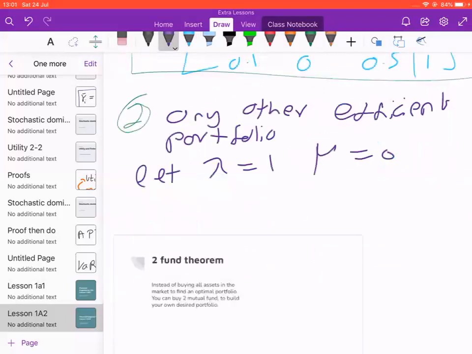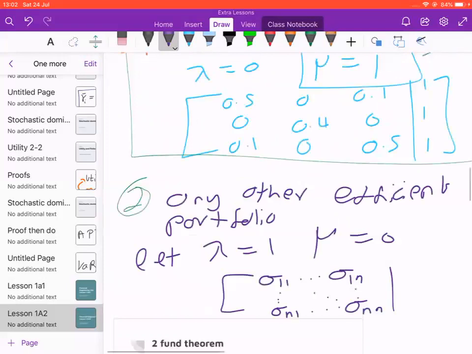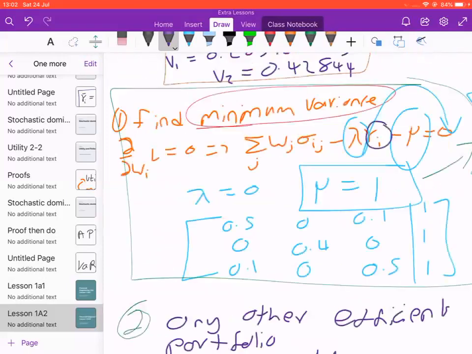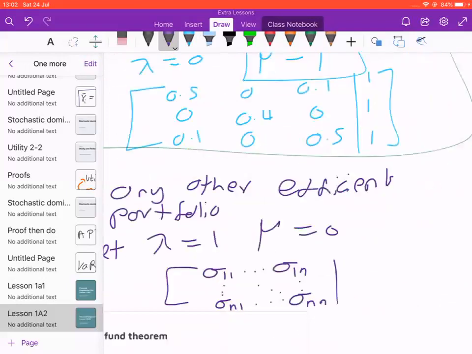So your matrix is going to be something like sigma 11 up to sigma 1n, sigma n1, sigma nn, equals the returns. So if this thing is 1, you will be left with the returns of each asset, the returns of 1 up to the returns of n. So these are the expected returns, and then you're going to solve this matrix.